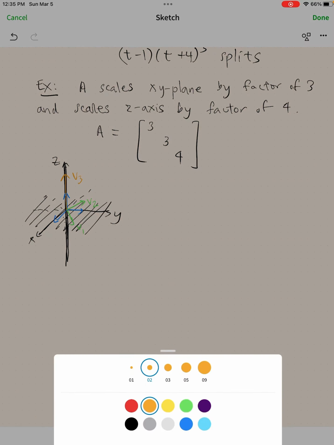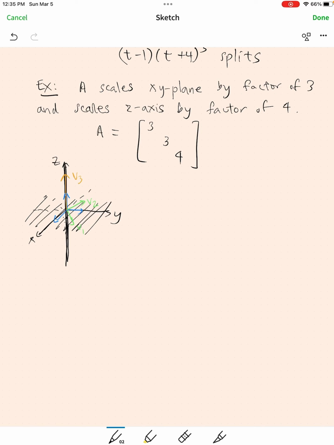So P could be the 3 by 3 identity matrix, or for instance something else.